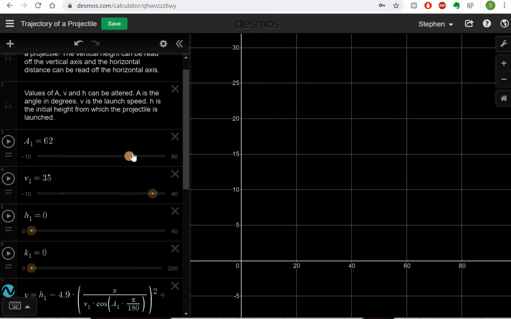It's interesting to note that for given questions, we can have different options available to us. So let's set something up. 20 meters per second is our velocity, back to a 30-degree angle, say, and we see something like this. Let's stop it around there.